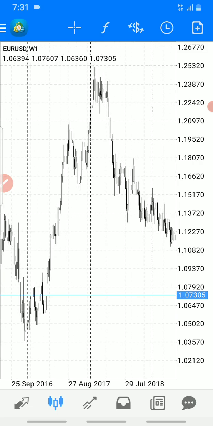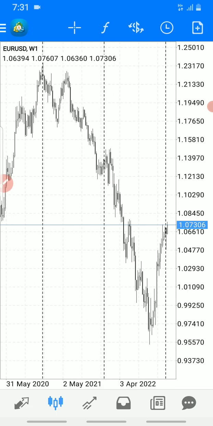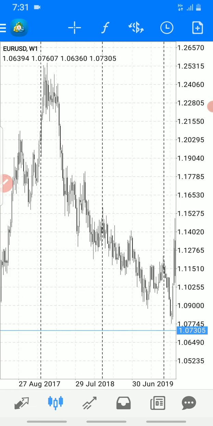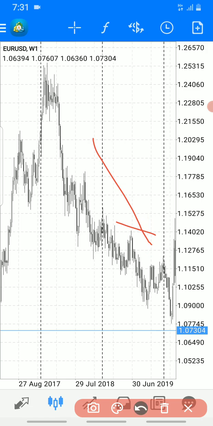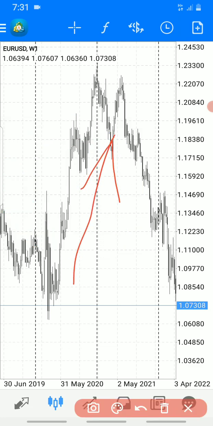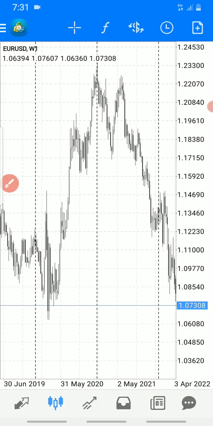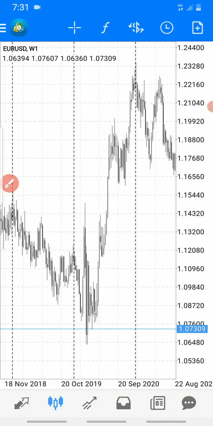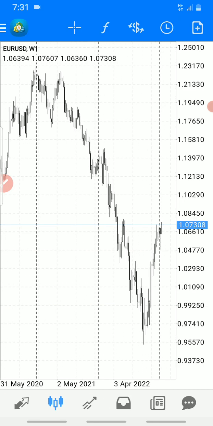So what do you do as a beginner when you meet a market that is either the downtrend or the uptrend? In the market, we do just two things to make money: we either buy or we sell.